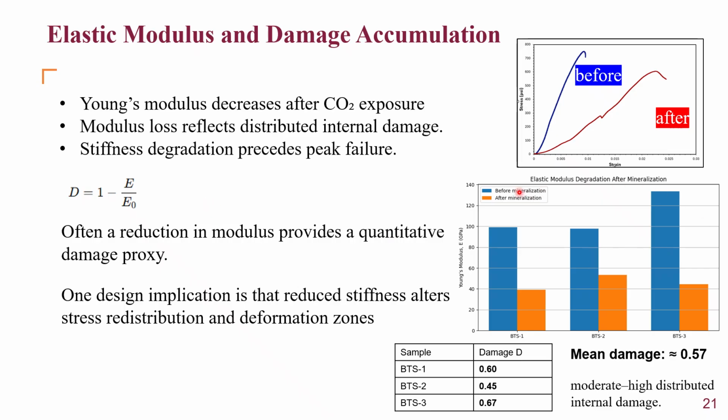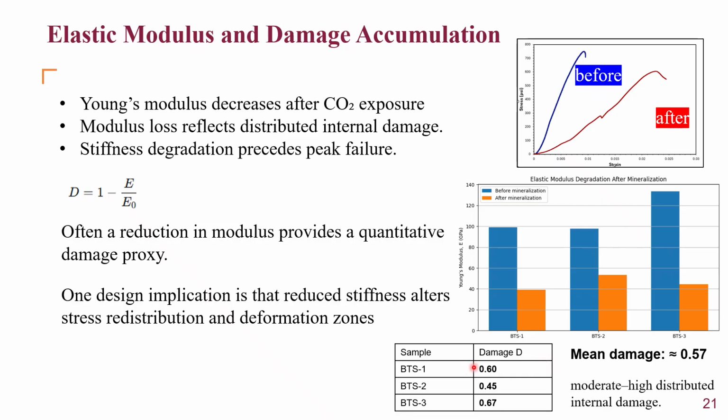Now, from this data that you have here on the BTS, we're able to calculate the Young's modulus before and after, that is in the blue and the orange, for 3 other BTS samples. And then the damage D was calculated.